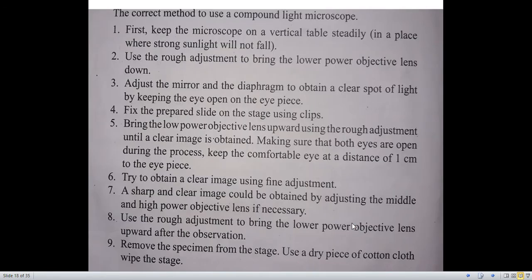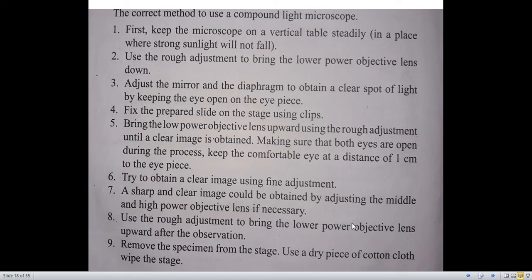The correct method to use a compound light microscope is given in your textbook page number 148. First, keep the microscope on a vertical table steadily in a place where strong sunlight will not fall. You have to get the instructions from your teachers as well.